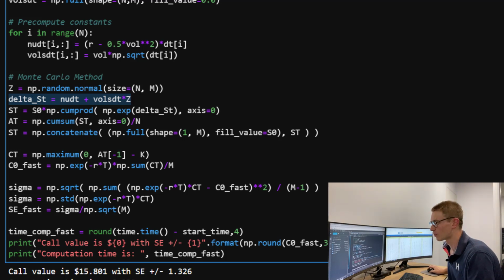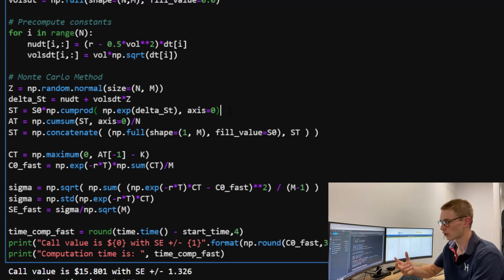And what we need to do is then we just need to take the cumulative prod of all of these exponential changes across each path. So we're taking the cumulative prod of these exponential terms across each simulation path and multiplying by S0. This means that when we index by our final time point at each of the simulations, we get the final stock price outcome or futures price outcome.